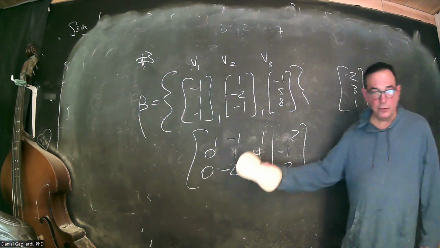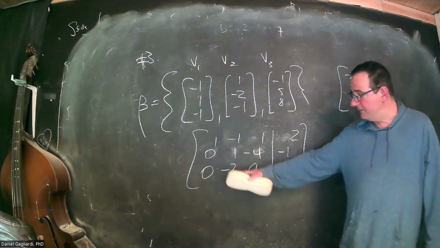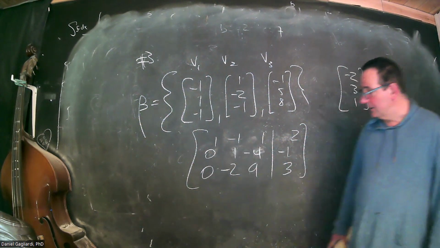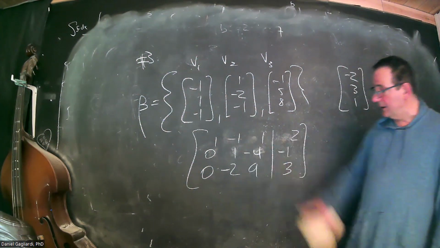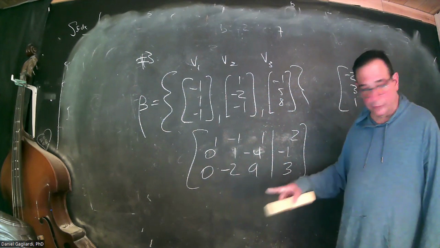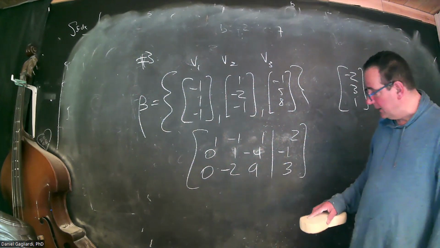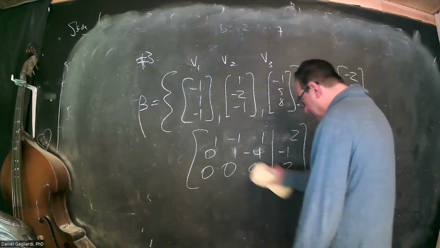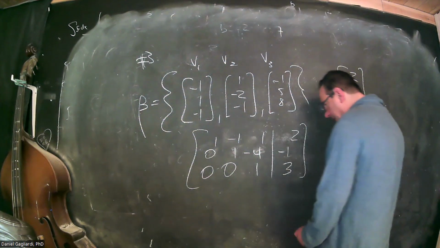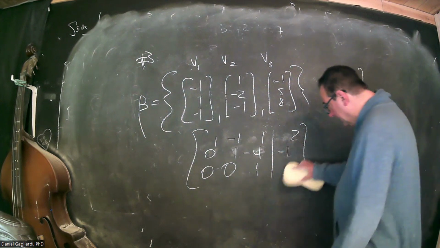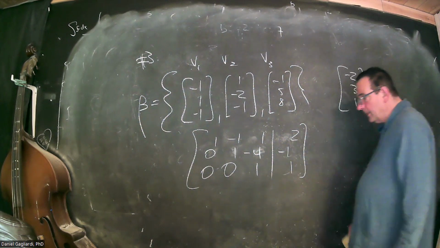Now I wanted to do that so I would have a pivot here, an assassin as I like to call it, to get rid of the -2. And I could also use that to get rid of this -1. So let's add 2 row 2's to row 3. What does that give me? A 0 here. It gives me a 1 here, and 2 of -1's added to 3 is 1.